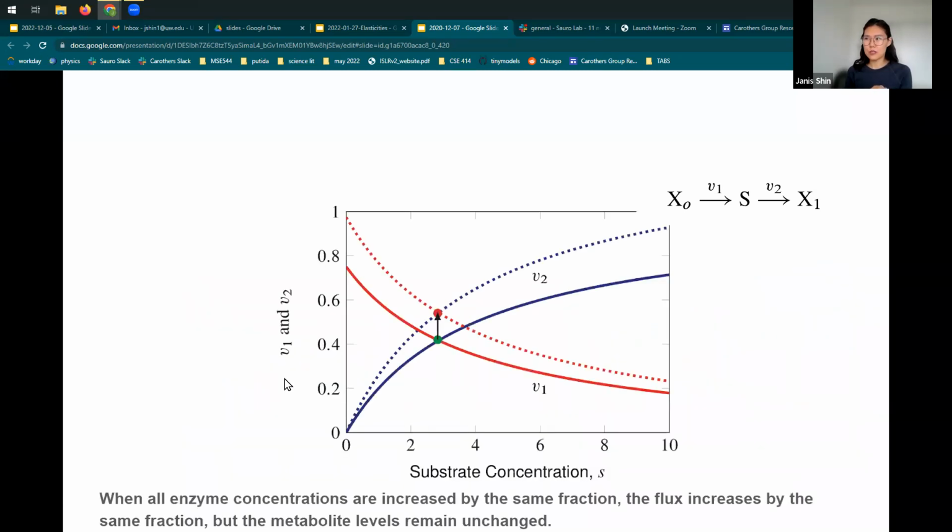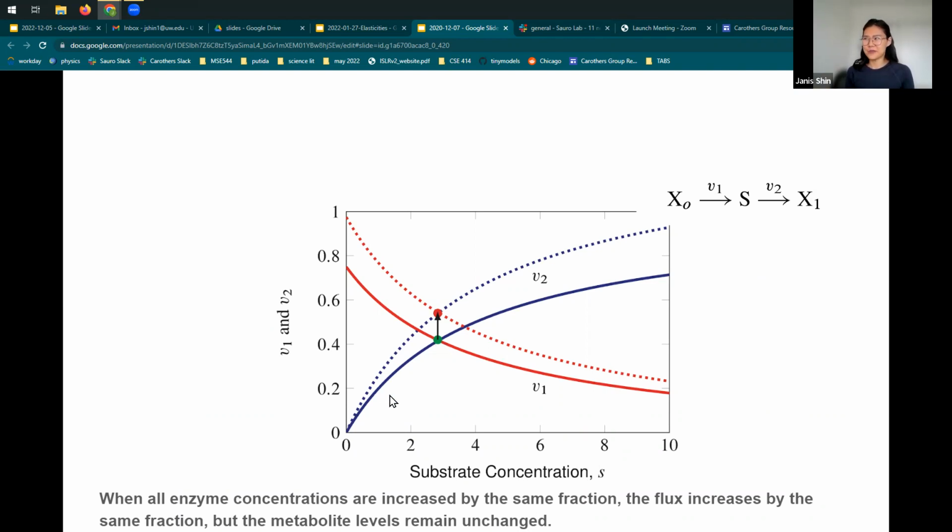However, if you did change both V1 and V2 by the same amount, then the intersection point goes vertically up. So that means that if you change all of your enzyme reactions by the same amount, then your steady state substrate concentration will not change.